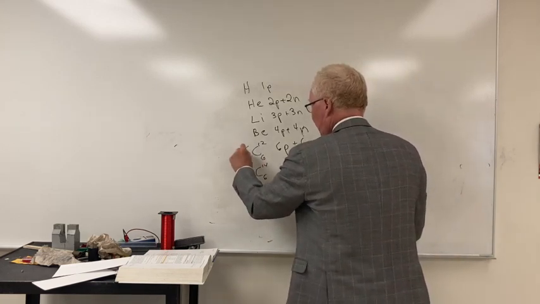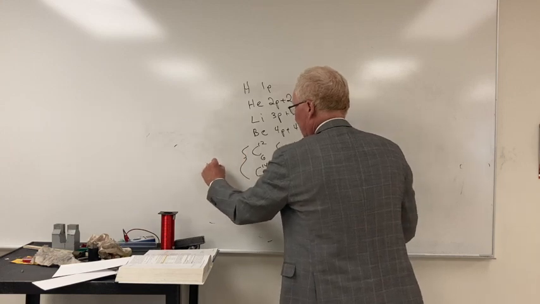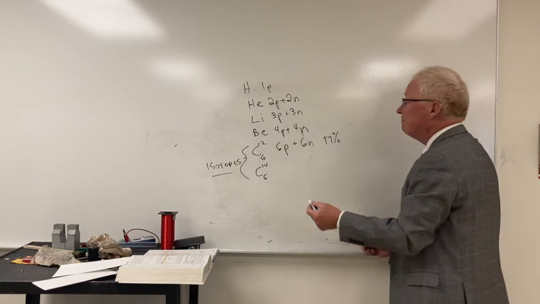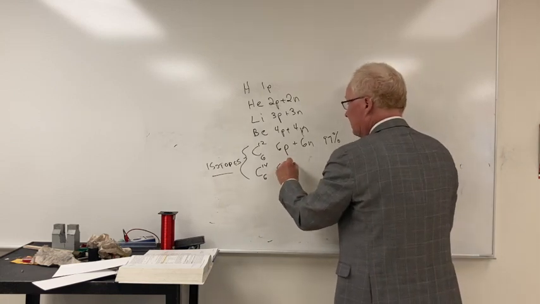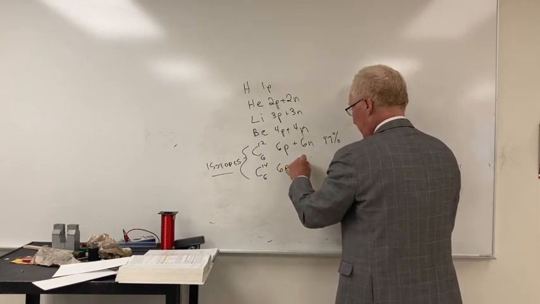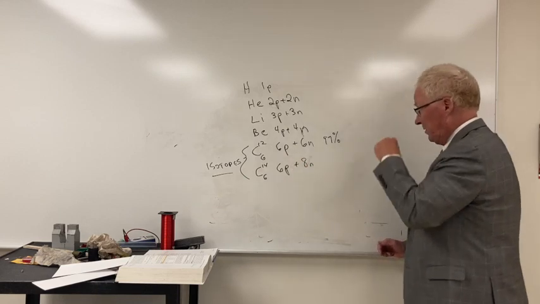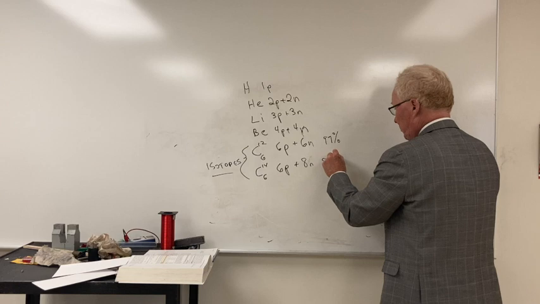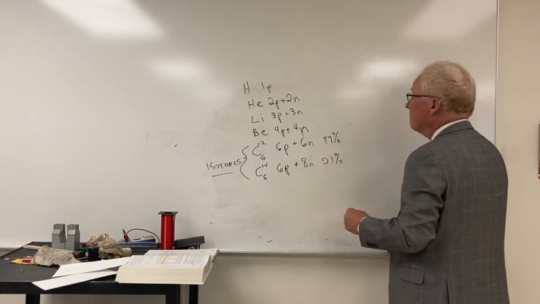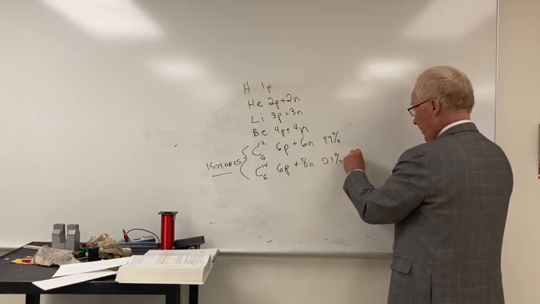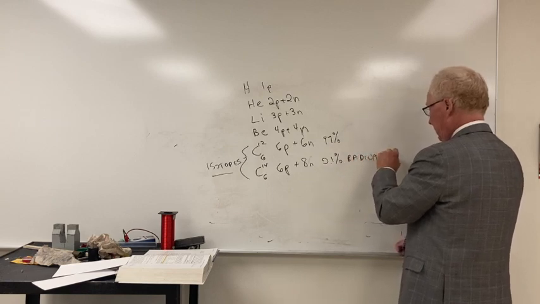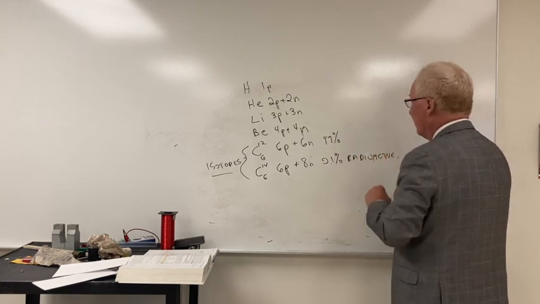So these are both isotopes of the same element, so they're both carbon. This one has 6 protons plus 8 neutrons, and we'll see this takes up less than about 0.1%. And this is what we call radioactive.